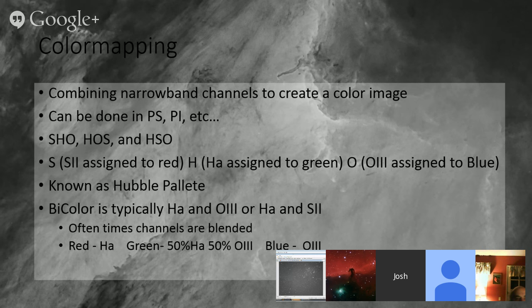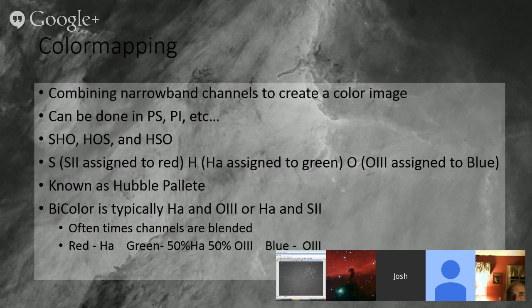A lot of times the targets that are really good for bicolor images are planetary nebulas because they're really strong in hydrogen alpha and really strong in oxygen. Other targets like that are the Veil nebulas. While they actually have 3 really strong channels, you can also get some really pretty red and blue images out of the Veil by using hydrogen and oxygen.